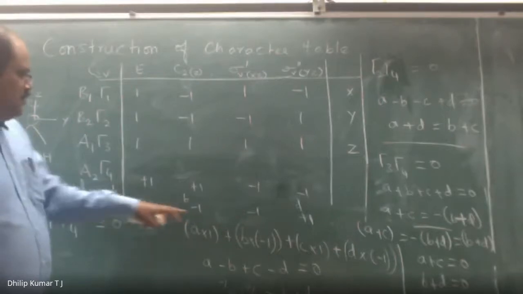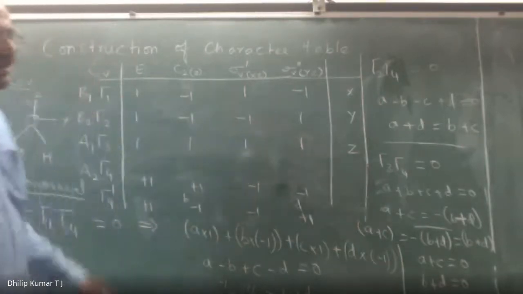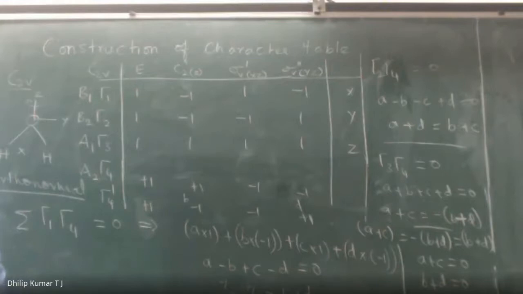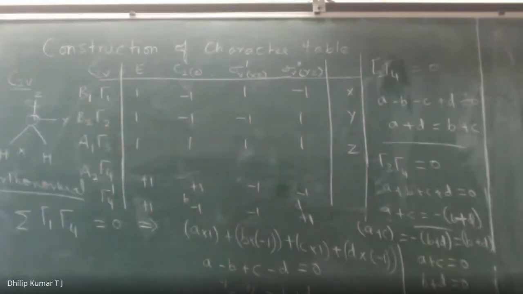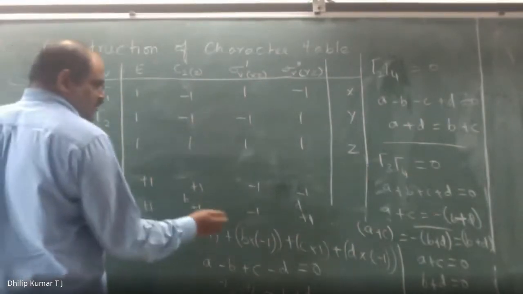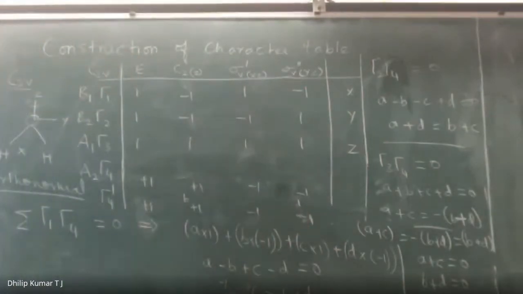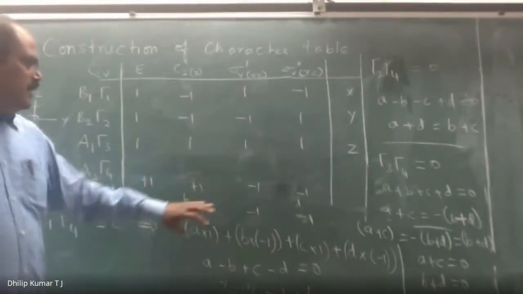So 1 -1 -1 1, it's already there. If you see every row, it will be unique in a character table. It cannot be the same, there cannot be any repetition. Okay, sir. So the other possibility is it has to be +1 and this has to be -1, which is not there. So that's why we have taken this one.